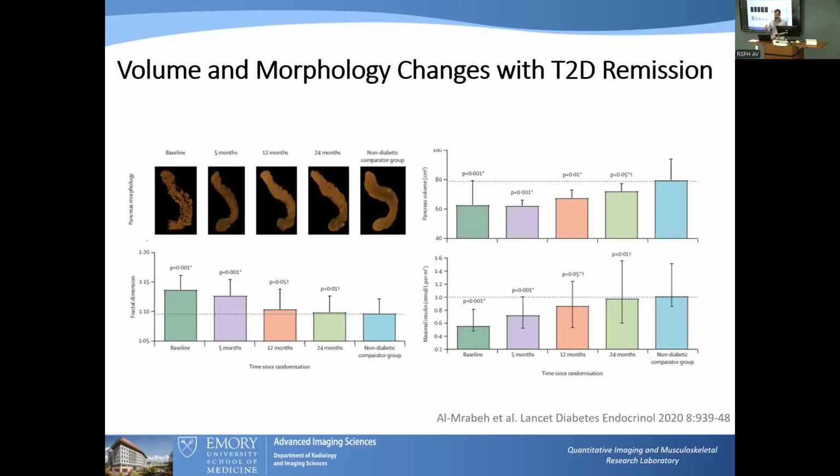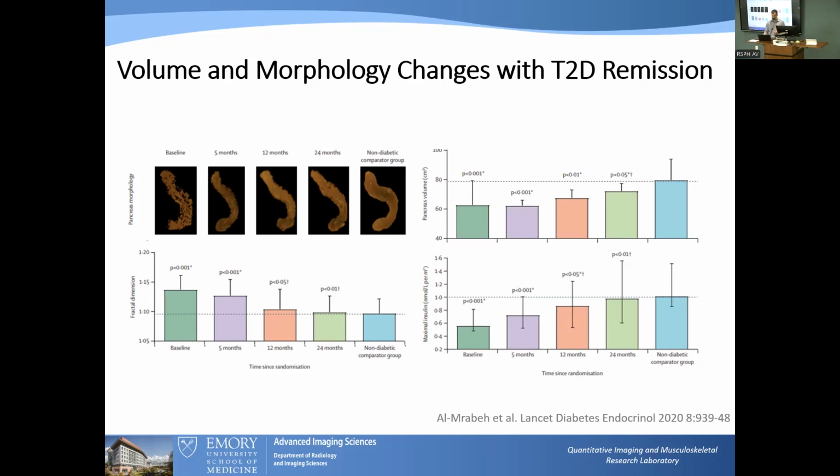Now, in a homogeneous population, like in the DIRECT study, it's been quite successful at showing, for instance, recovery of the pancreas volume with responders to therapy, as shown in this figure here, where you can see that from baseline to 24 months after remission of diabetes, the pancreas volume increases in that group and almost approaches that of the non-diabetic cohort that was studied.